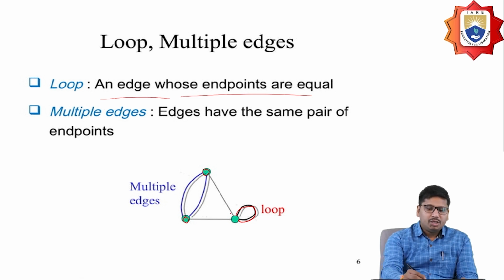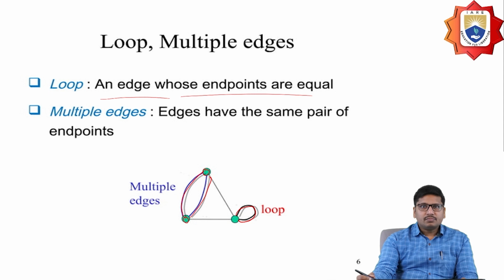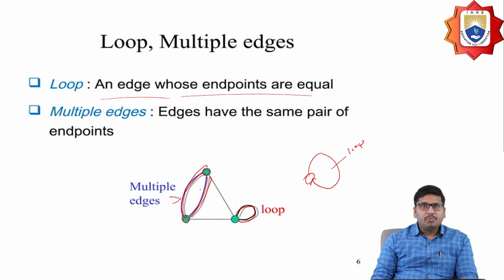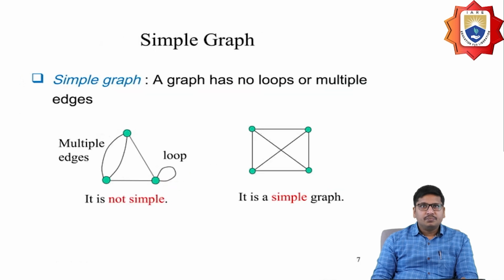Multiple edges mean edges that have the same pair of endpoints. Here this is one endpoint and this is another, and they are the same for both edges, so these are multiple edges.